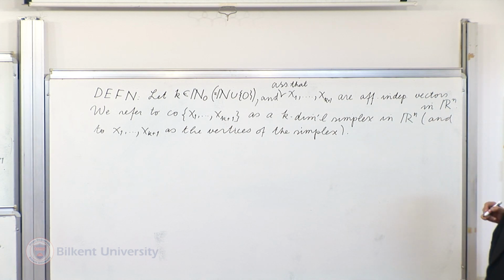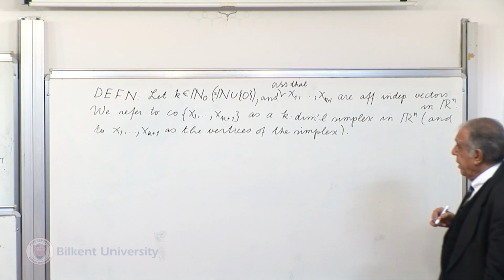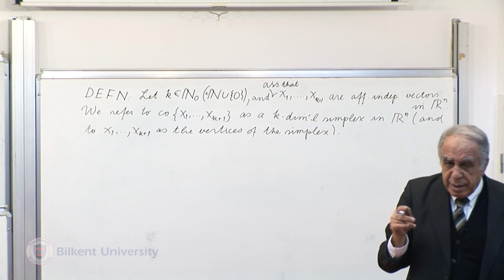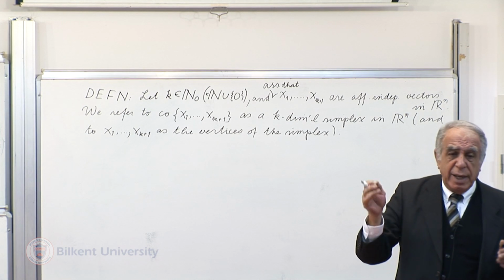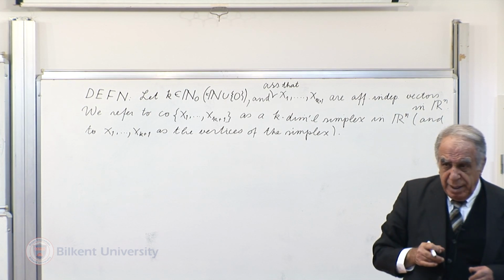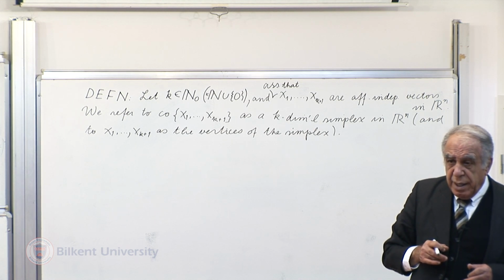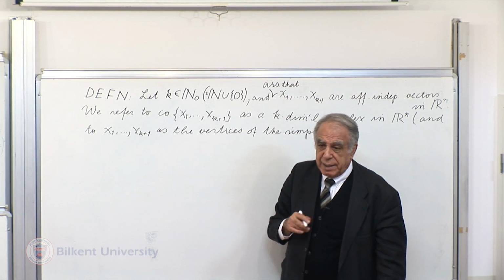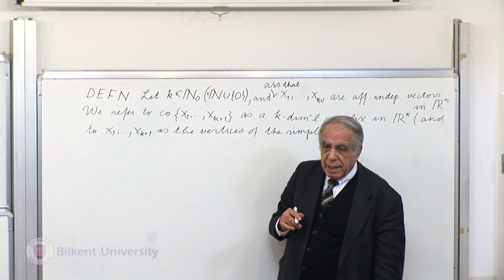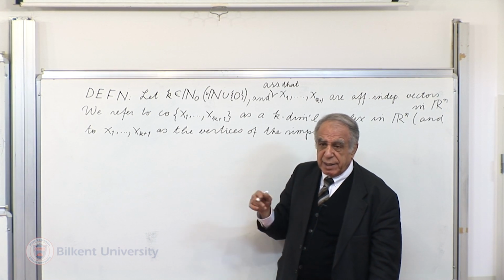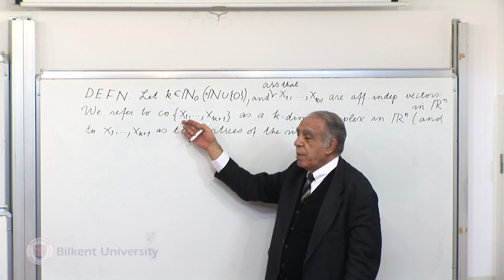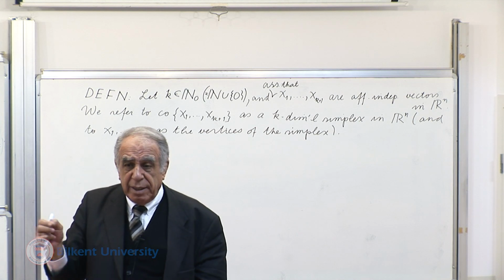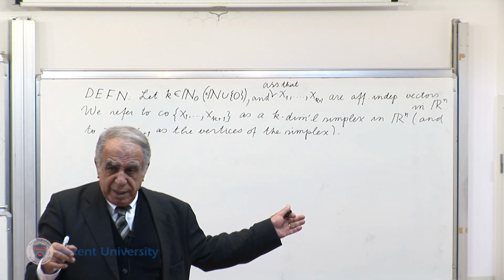But now a question arises. Start with the k-dimensional simplex in Rn. Well, it's the convex hull of k plus 1 affinely independent vectors. Is it possible to also have another affinely independent set consisting of k plus 1 vectors, for example x1 prime up to xk plus 1 prime, such that its convex hull is equal to the convex hull of these?